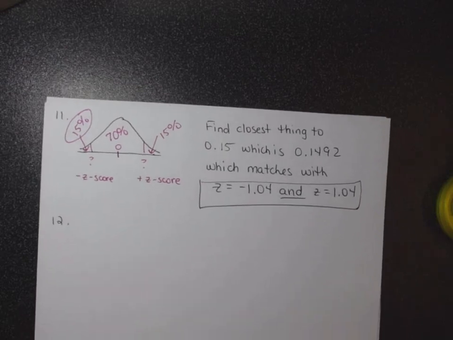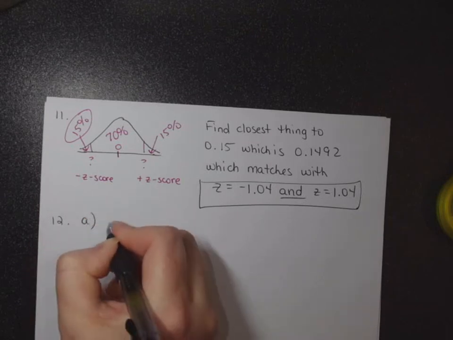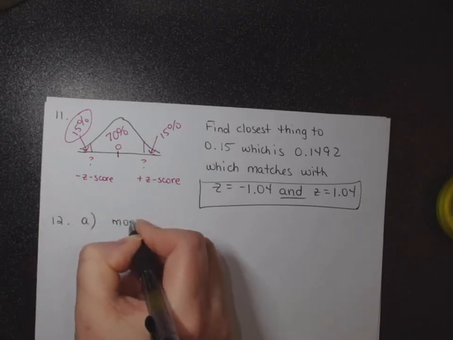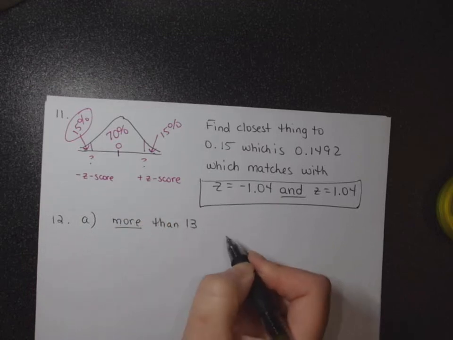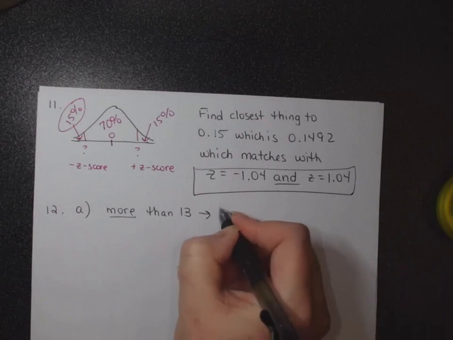All right, number 12. So on this one, you need to make sure you read through the problems. If it says less than, you read the chart as is. If it says greater than, you're going to have to do 1 minus. So in part A, we want more than 13. Okay, so first you have to find the z-score.